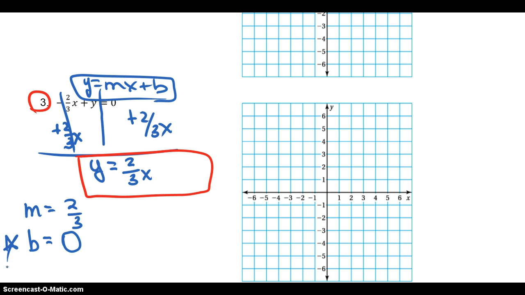We're going to plot b equals 0. That's the y-intercept of 0, so you know it goes to the origin. And then 2/3 x, that's your slope, so 2/3. Remember, that's right here, rise over run. So from the y-intercept, rise up 1, 2, run out 1, 2, 3. Rise up 1, 2, run out 1, 2, 3. Draw your straight edge, straight line, going through with arrows on the ends.